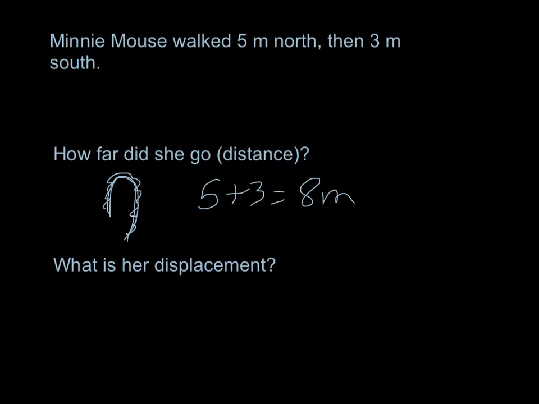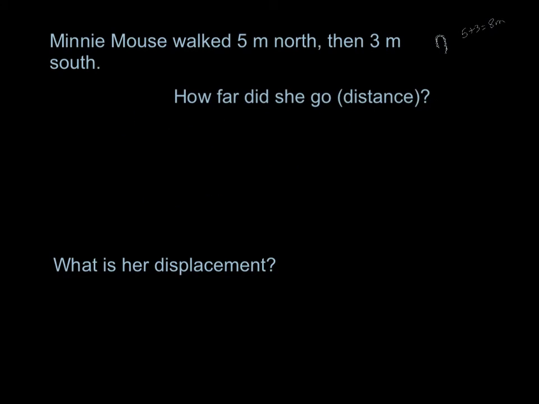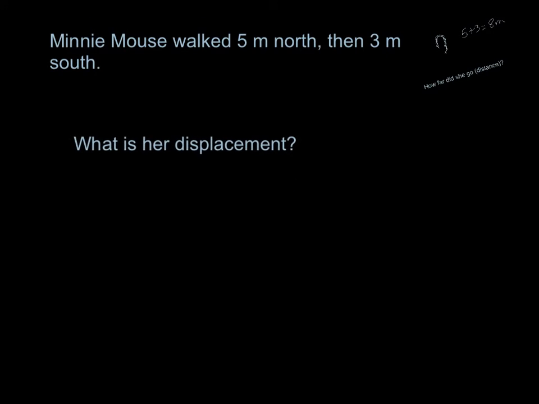Now, what is her displacement? That is a little bit more tricky question, and that's a vector idea. She went 5 meters north, and then she went 3 meters south. Notice we made the 3 meters shorter than the 5 meters.